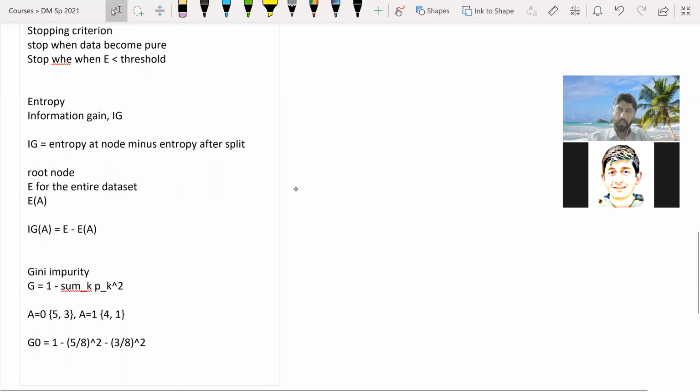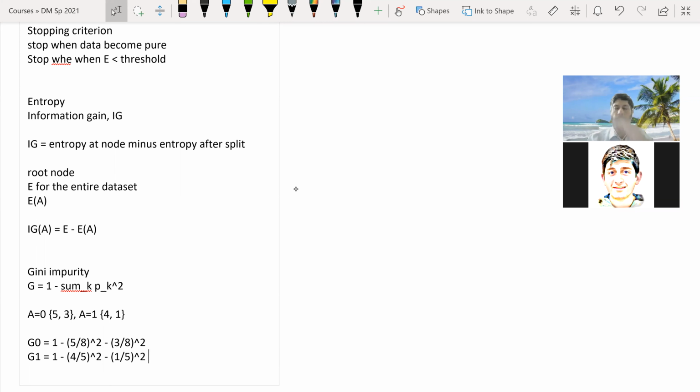ठीक है? So इसी तरह G1 दूसरी जो पार्टीशन है is equal to 1 minus, उसमें मेरे पास था 4 over 5 squared minus 1 over 5 squared. So this would again quantify the impurity.